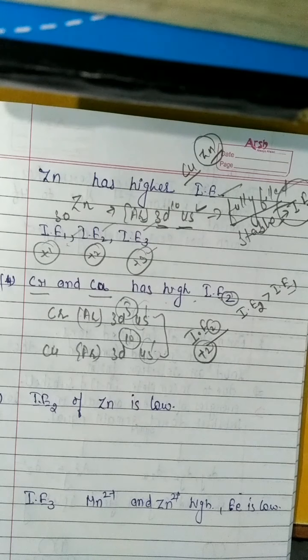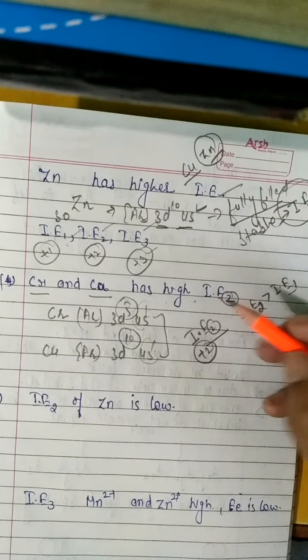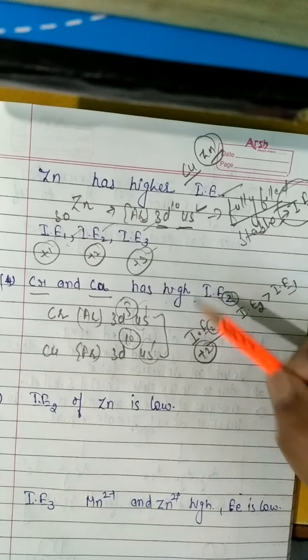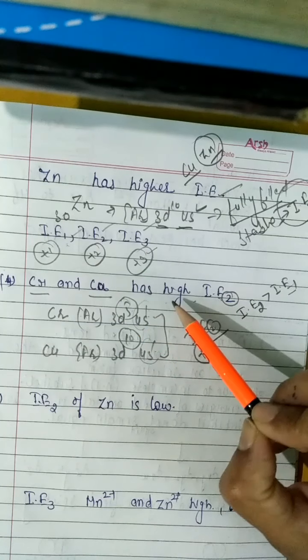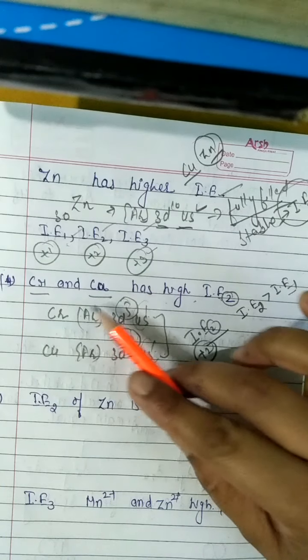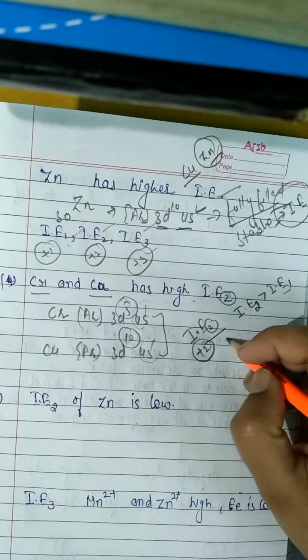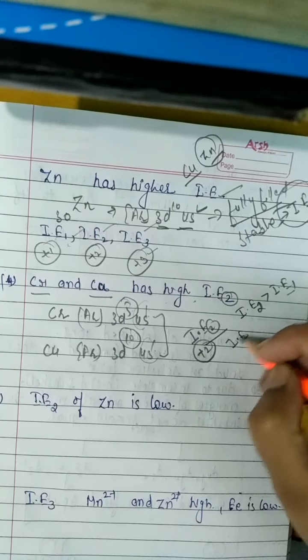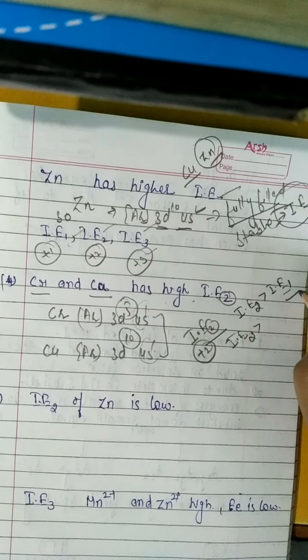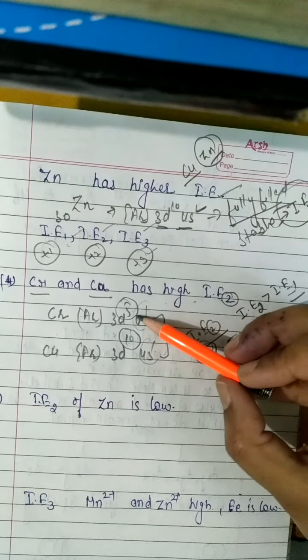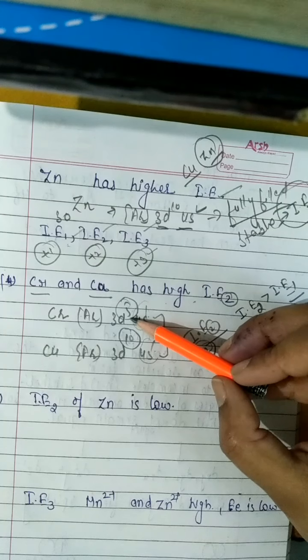They also show irregularities. If we are talking about the first ionization enthalpy, it is less. But the second ionization enthalpy of chromium and copper is more as compared to the first, because they have fully filled and half filled orbitals.